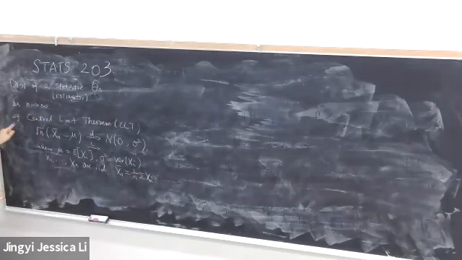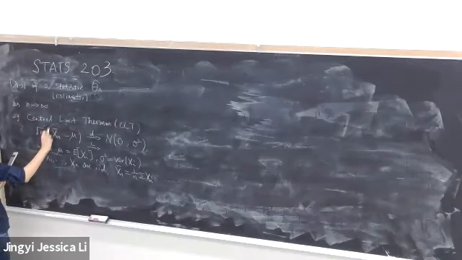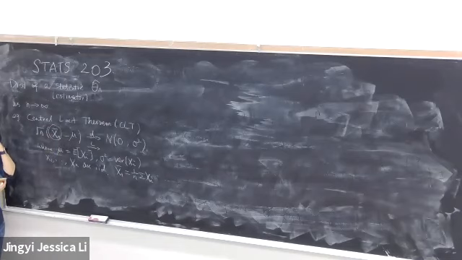So you can see that it's about the behavior of the sample mean, right? What its distribution is like. So even though here X_1 to X_n are IID, they may not be normally distributed.